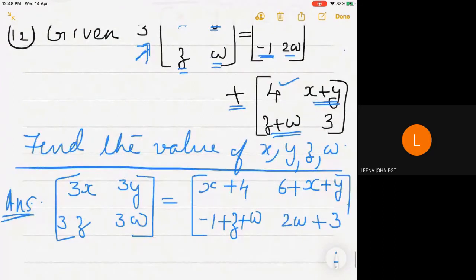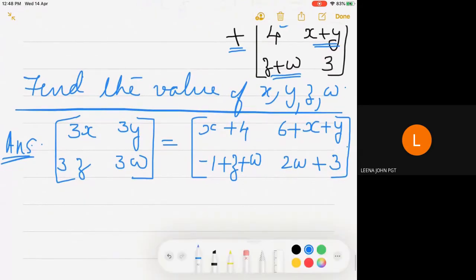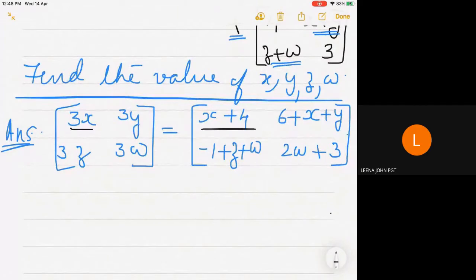Now comes the equality of matrices. So two matrices are equal if they are of the same order and the corresponding elements are the same. So now again you can equate the corresponding elements. So here we get 3x equal to x plus 4.